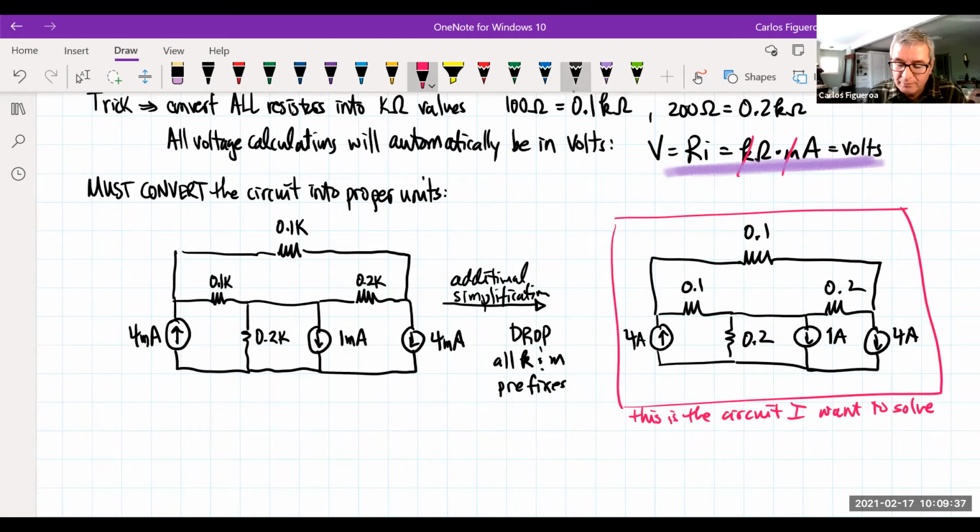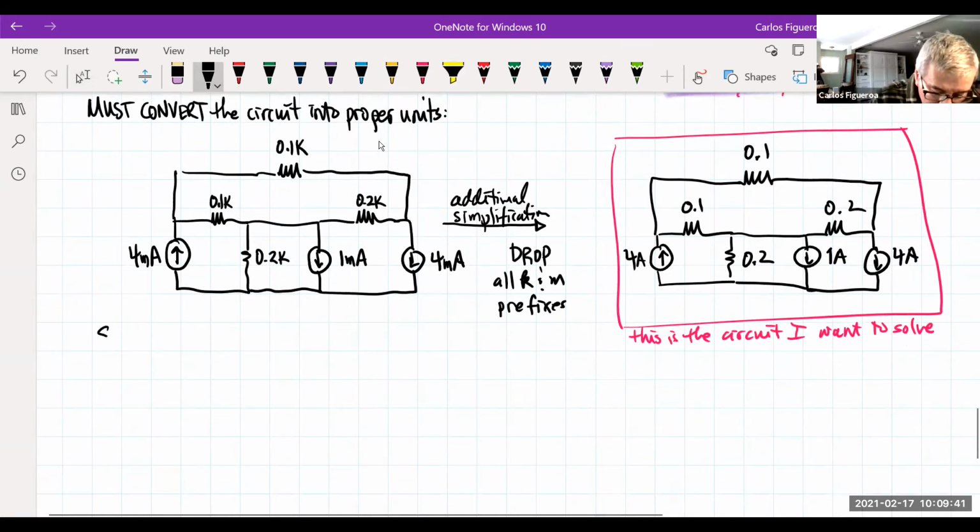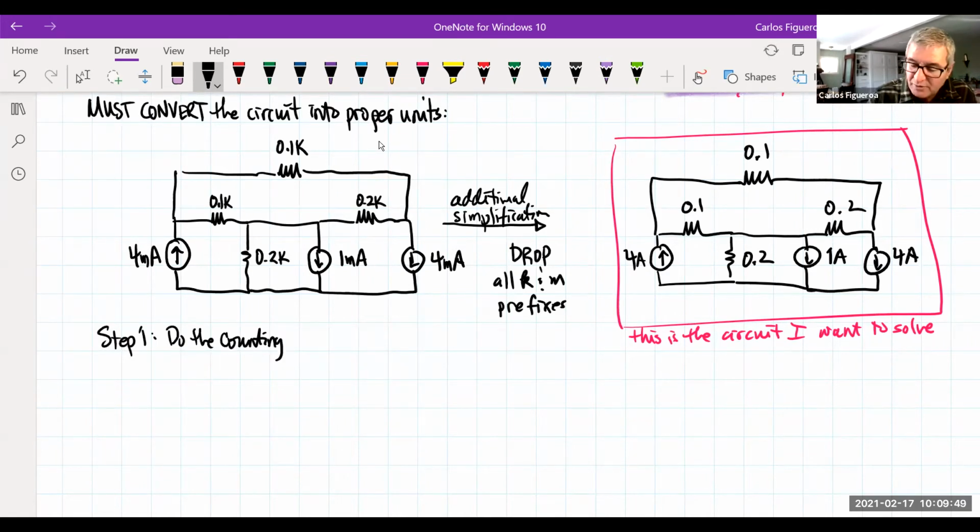Okay, so here I go. What am I going to do? Let's go through the steps now. Step one is what? Do the counting. So the question is, how many nodes? Well, let's draw them in. The first node, I'm going to call this my first node right here. Then I have my second node.